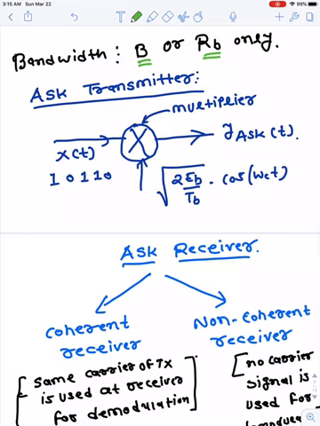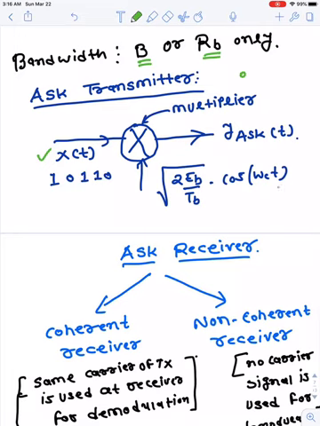Now here we will see how the ASK transmitter can be constructed. In amplitude shift keying, your y ASK of t is simply the multiplication of two signals: x of t and another carrier signal, which can be represented as square root of 2 Eb by Tb cos omega ct.